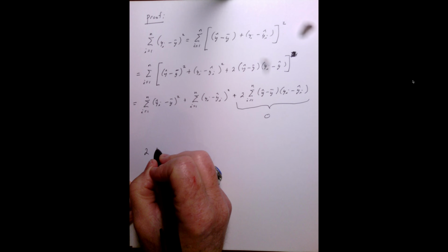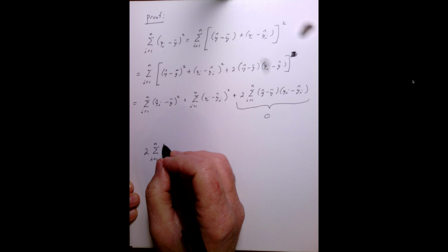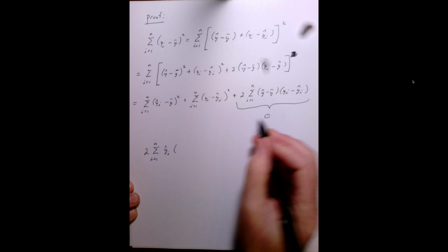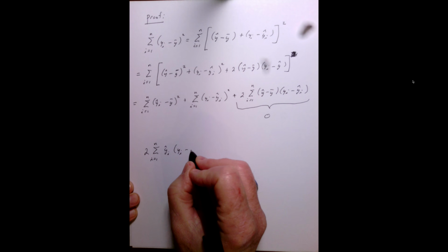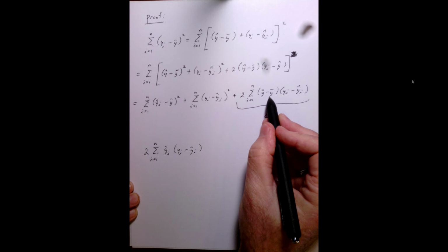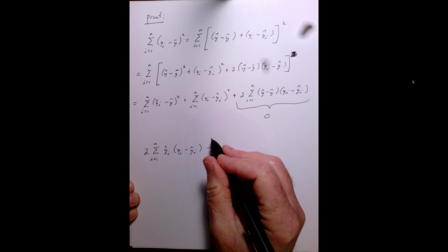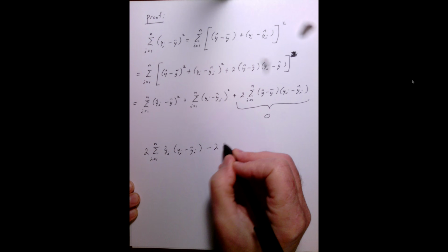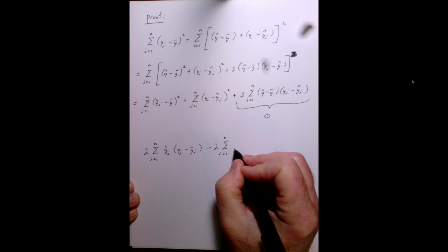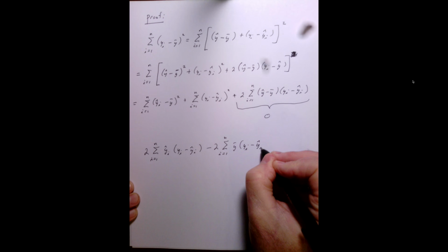So I have 2 times the sum from i equal 1 to n, and I'm going to rewrite as the first term y hat sub i times the quantity y sub i minus y hat sub i, minus the summation, again, y bar times y sub i minus y hat sub i.